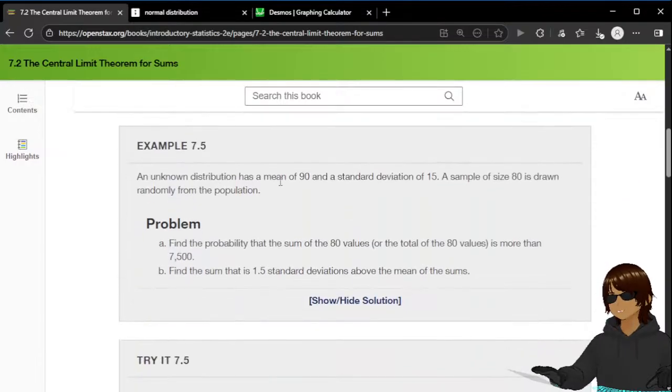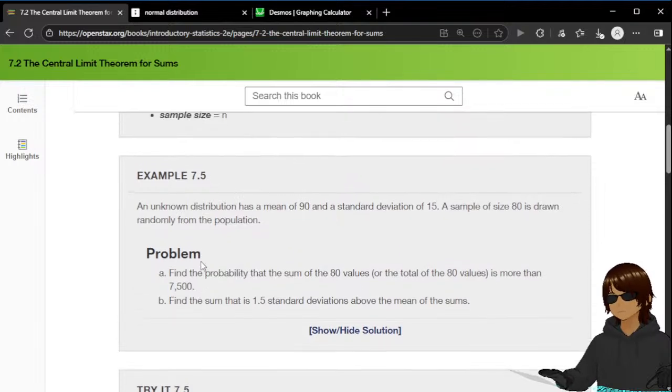An unknown distribution has a mean of 90 and a standard deviation of 15. A sample of size 80 is drawn randomly from the population. Find the probability that the sum of the 80 values is more than 7,500.